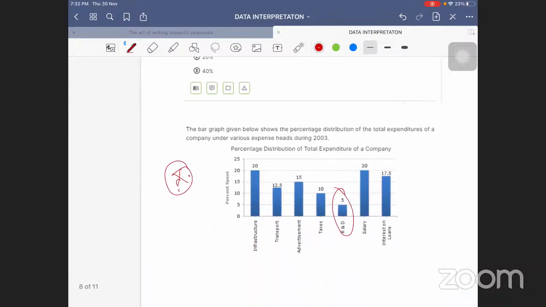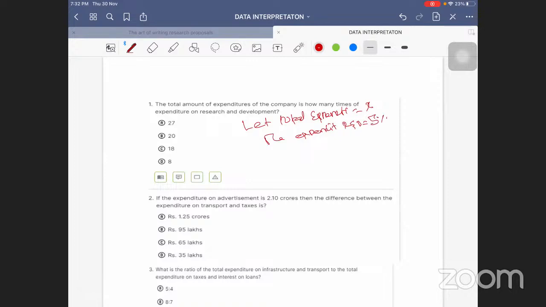R&D is 5%. So 5% of X means 5 divided by 100 into X. We can cancel, 5 into 20, so X divided by 20.